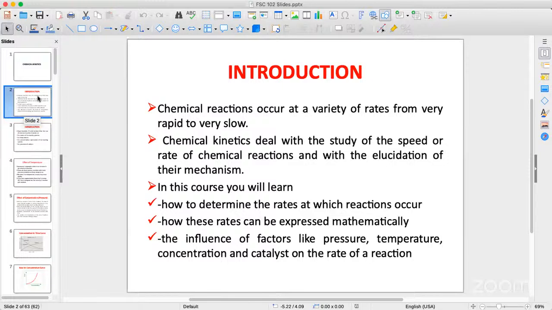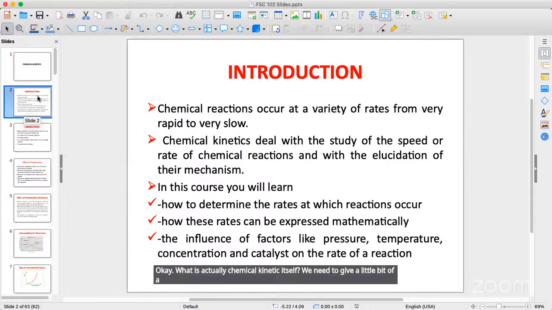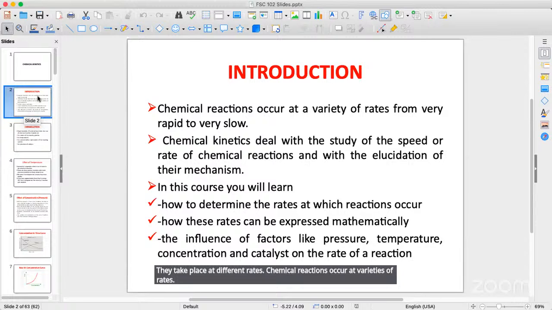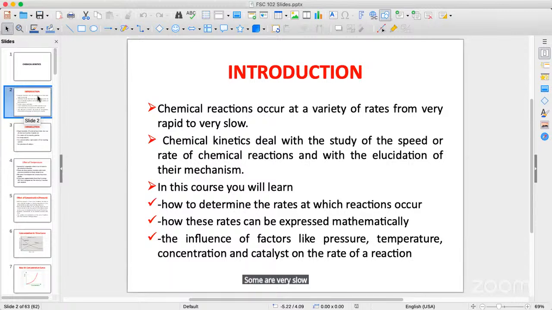Okay. What is actually chemical kinetics itself? We need to give a little bit of a background to what this is. We all know that when you have reactions, or when you have several reactions, they take place at different rates. Chemical reactions occur at varieties of rates. Some are very slow, some are very fast.